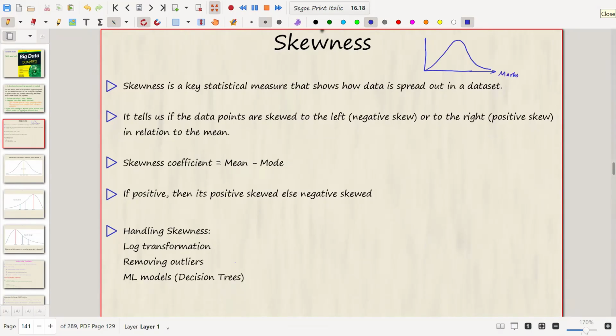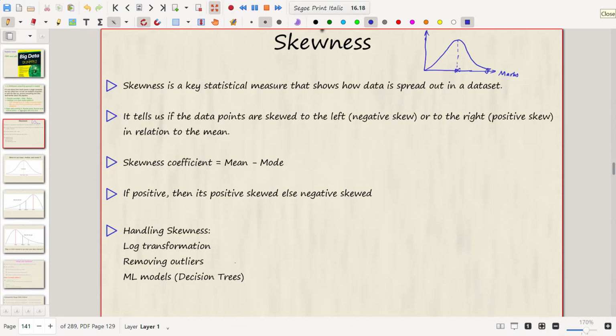The number of people who get the highest marks is kind of a medium, and the number of people who got lower marks is higher. Usually with students, if it is a hard test, you will see something like this. Many people are scoring very low. But what is the x and y axis here?